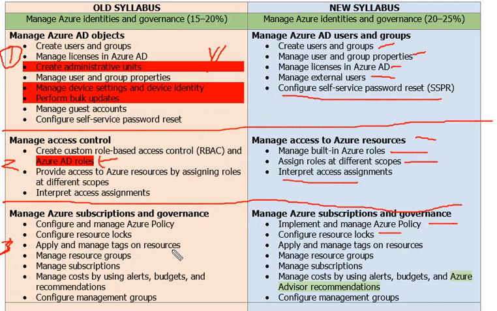Apply and manage tags on resources is available here. Manage resource groups is also in the new syllabus. Manage subscriptions is also in the new syllabus. Manage costs by using alerts, budgets and recommendations is changed to manage costs by using alerts, budgets and Azure Advisor recommendations, so a new thing is added which is specifically mentioned. And configure management groups is also available. So that's the only green part changed in this third section of manage Azure identities and governance.